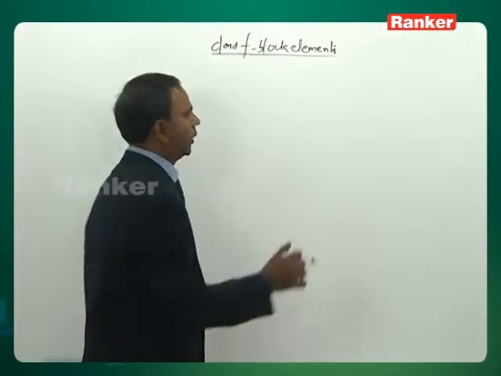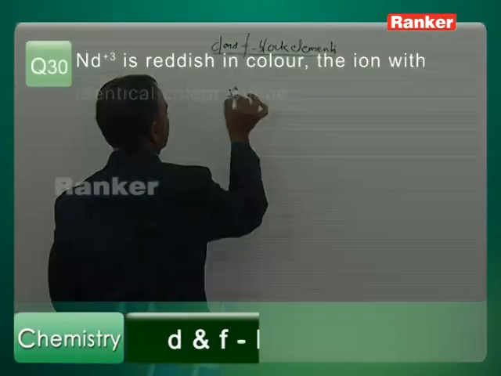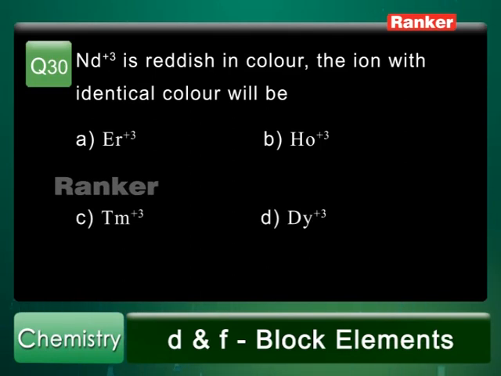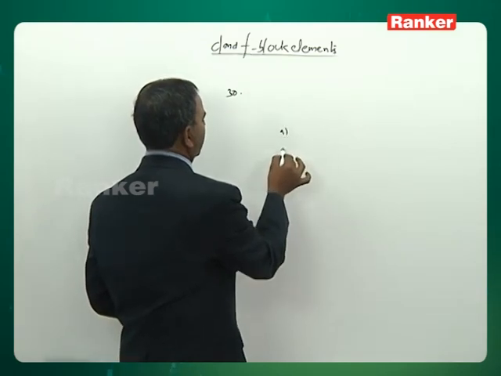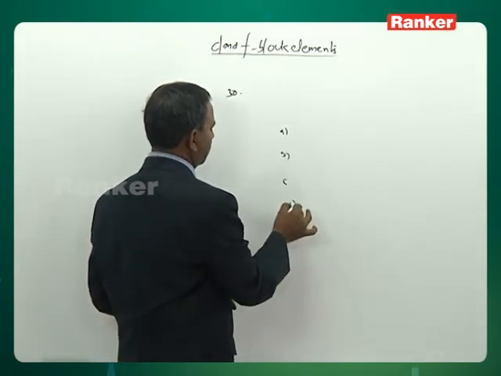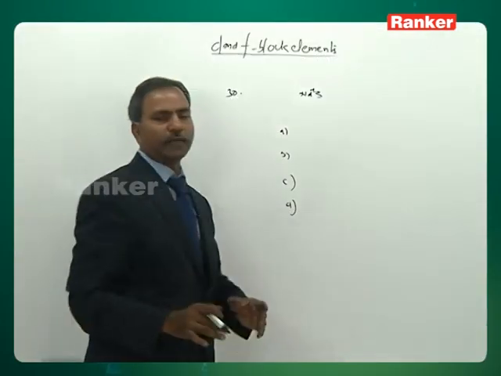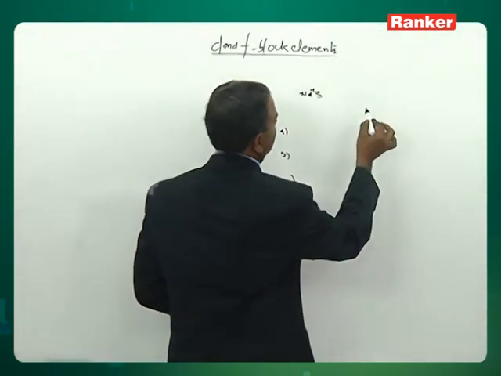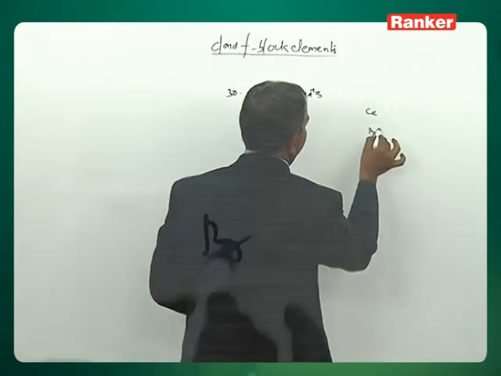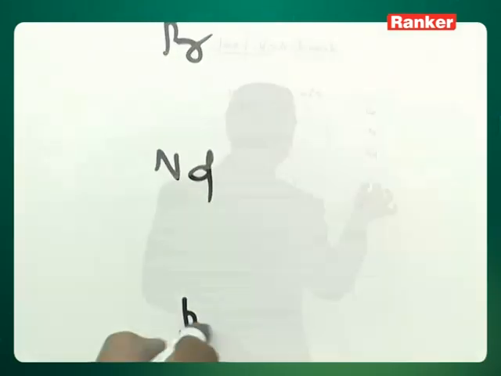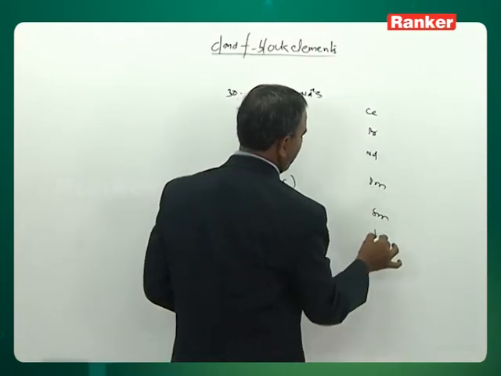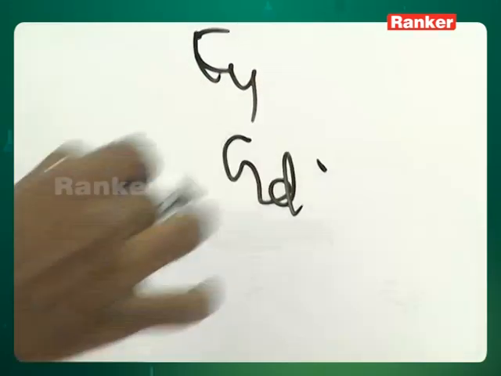Next, question number 30. Neodymium plus 3 is reddish in color. The ion with identical color will be? Once again, let us make the table, as I just showed you. Cerium, praseodymium, neodymium, promethium, samarium, europium, gadolinium.